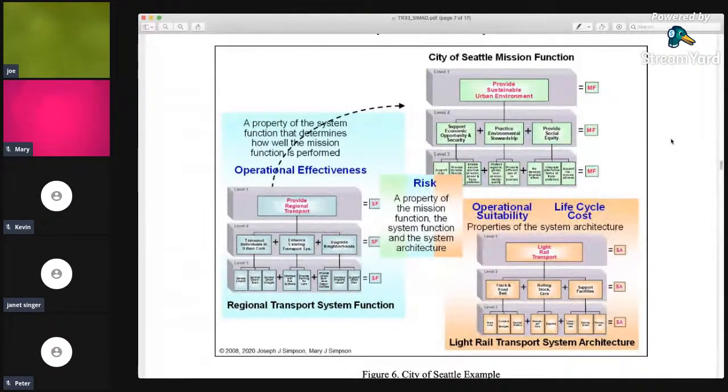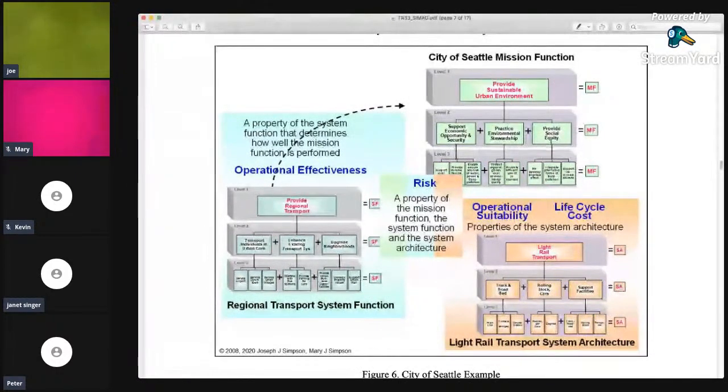If you have some type of organization that's got a mission function, some mission that you're doing, right? If you can identify a clear mission function and bound it within your group, then you can decompose that mission function into its components.